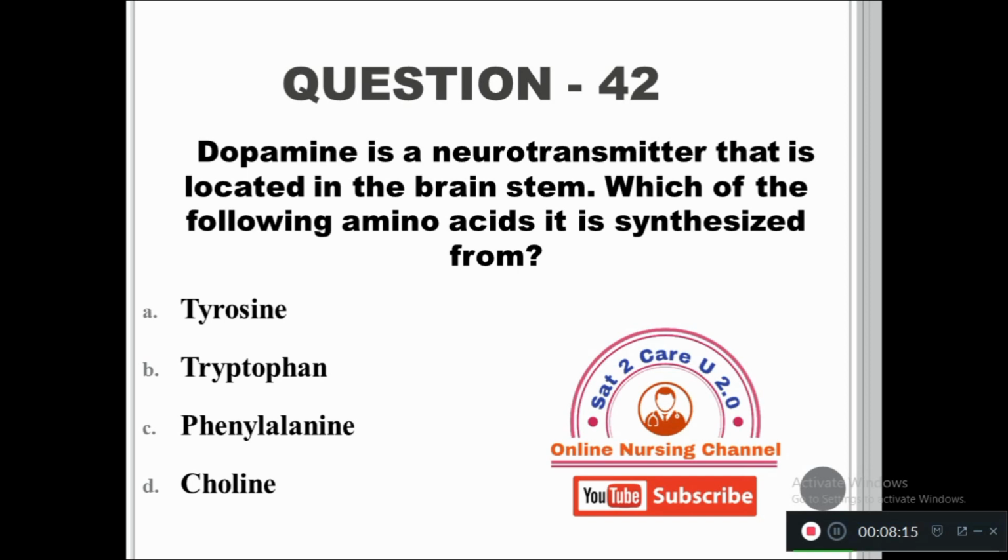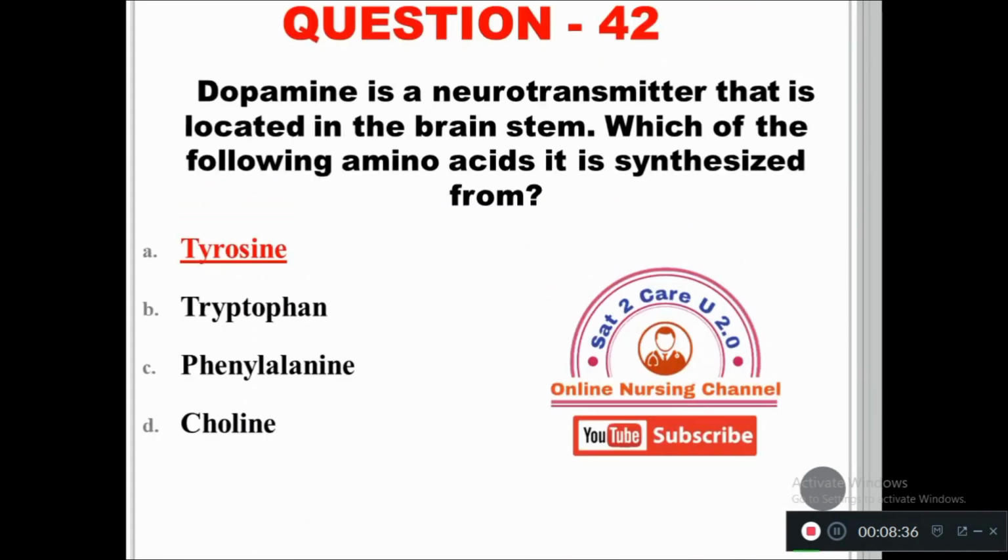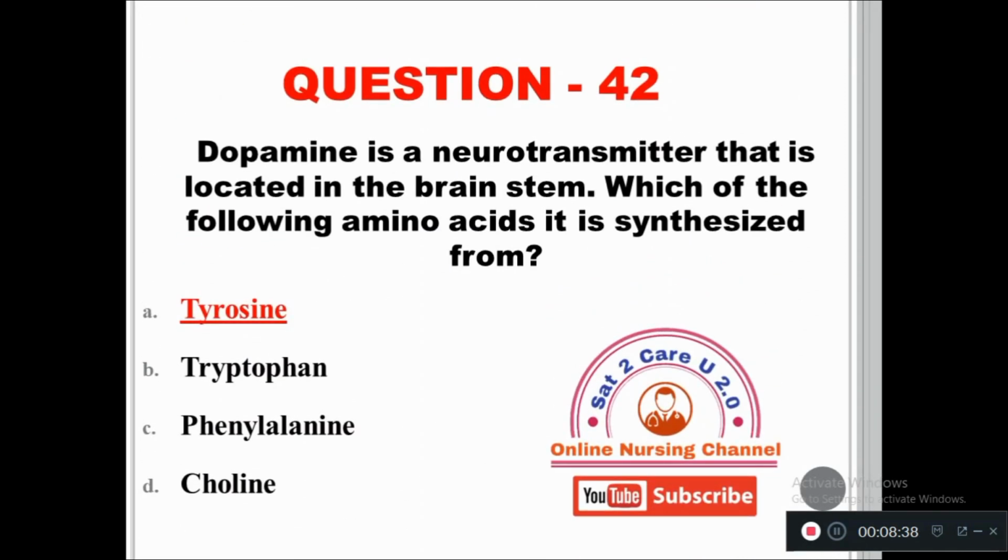Question number 42. Dopamine is a neurotransmitter that is located in the brainstem. Which of the following amino acids is it synthesized from? Option A, tyrosine. B, tryptophan. C, phenylalanine. D, choline. The right answer is option A, tyrosine.